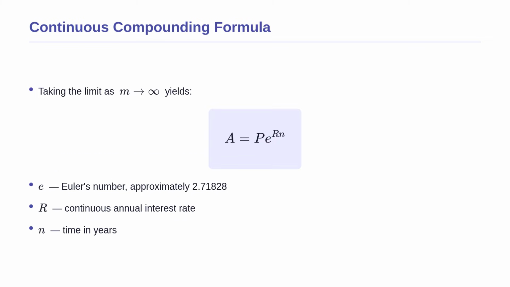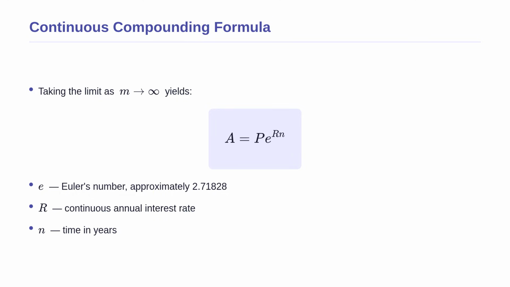Now that we understand the concept of infinite compounding, let us see its mathematical form. By applying standard calculus rules for limits involving infinity, the complex discrete expression simplifies into this beautiful and elegant exponential function. A equals P times e to the power of r times n. This is the absolute bedrock of mathematical finance.